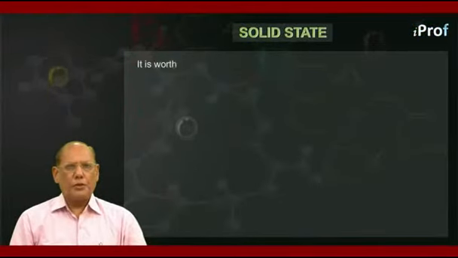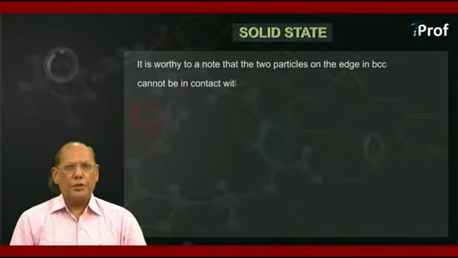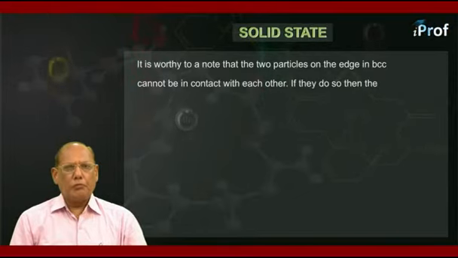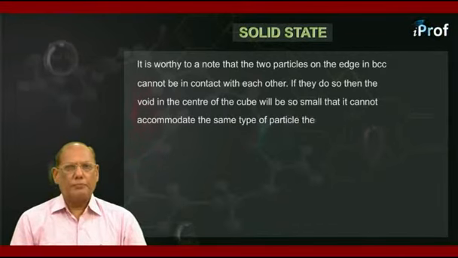It is worthy to note that the two particles on the edge in a BCC cannot be in contact with each other. If they did, then the void in the center of the cube would be so small that it could not accommodate the same type of particle there.